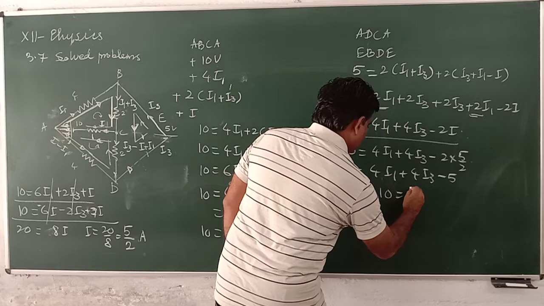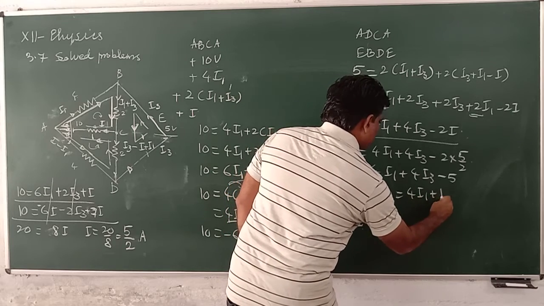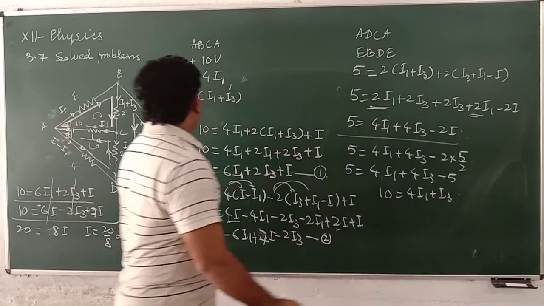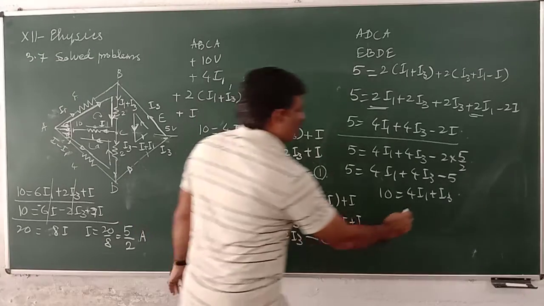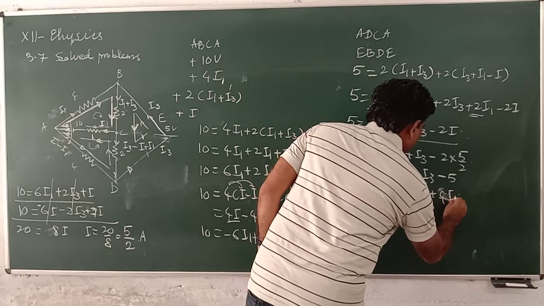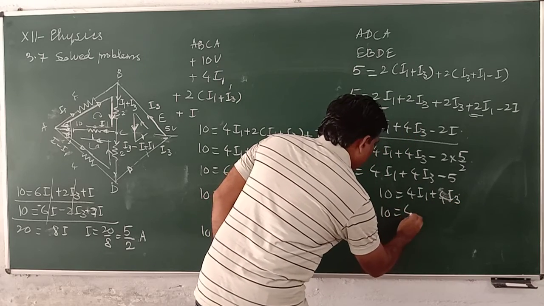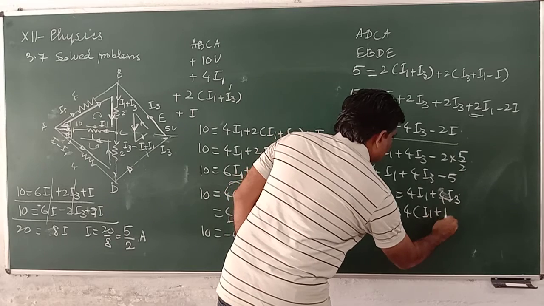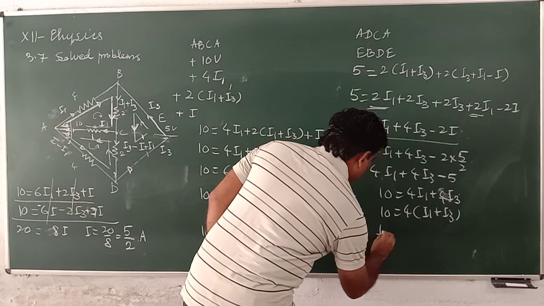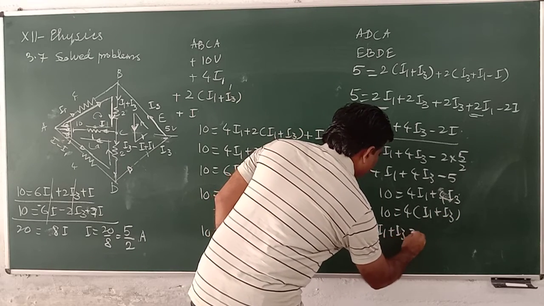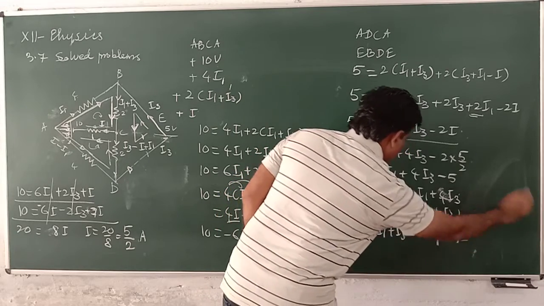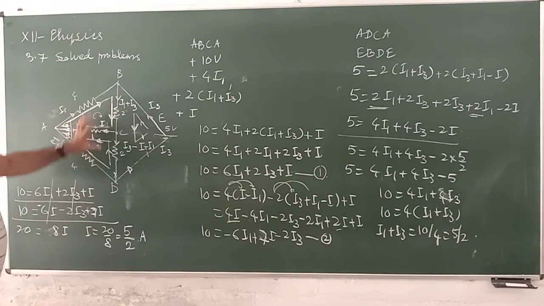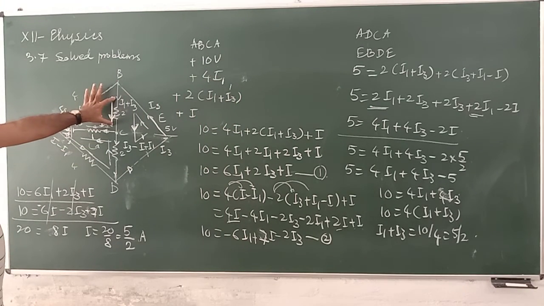It gives us 10 is equal to 4I1 plus 4I3. The current through this branch we require, so 10 is equal to 4I1 plus 4I3. So I1 plus I3 is equal to 10 by 4, which is 5 by 2. This branch I1 plus I3, it is 5 by 2.